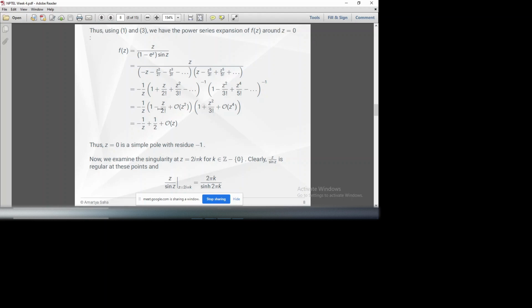So now I have also suppressed the higher order powers, and we are left with minus 1 by z plus half plus higher order terms, that is not problematic at z equal to 0. So you see, the negative power is 1 by z.